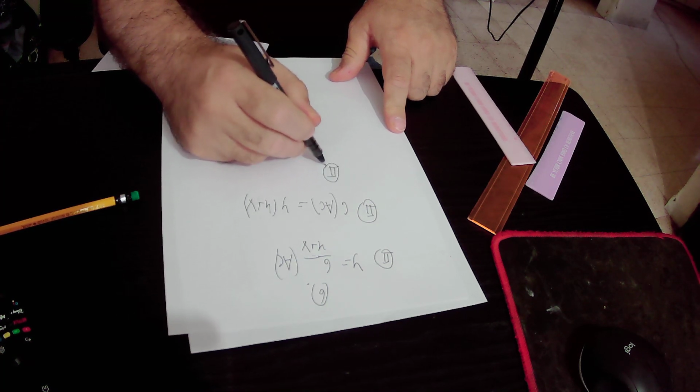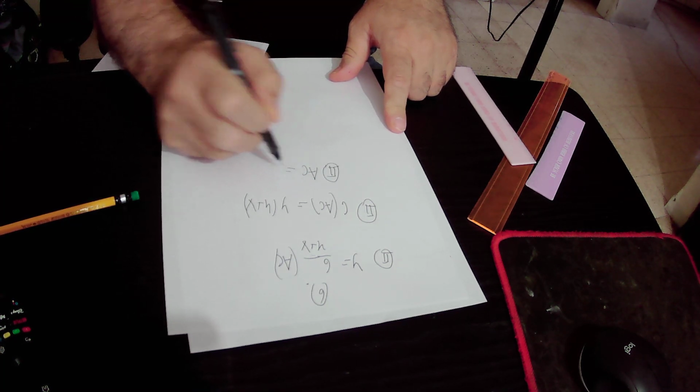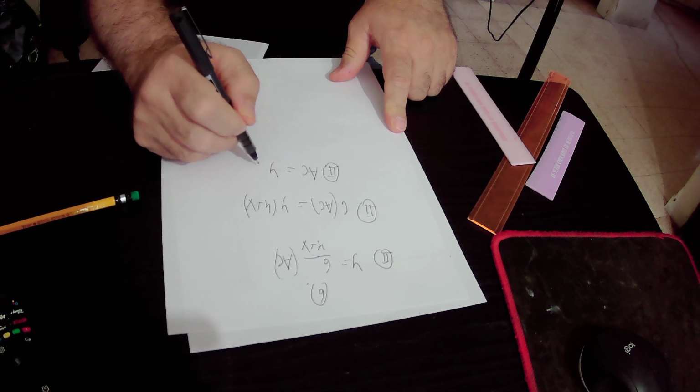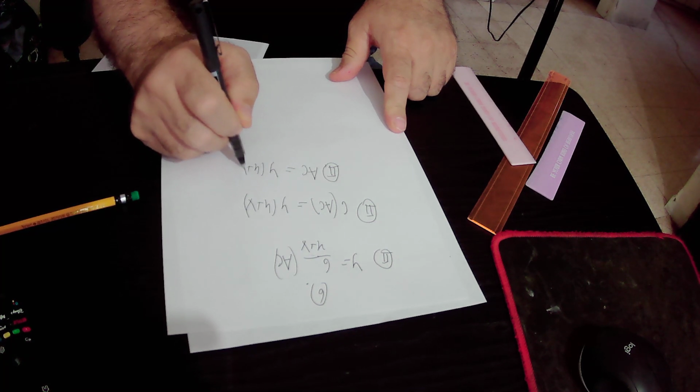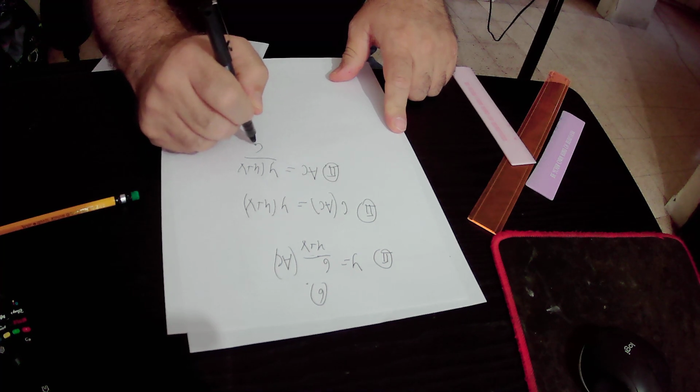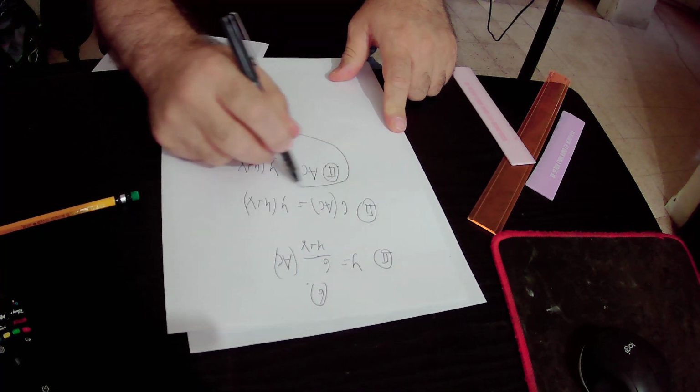We will get that the value of AC equals Y times 4 plus X over 6. That is equation number 2.